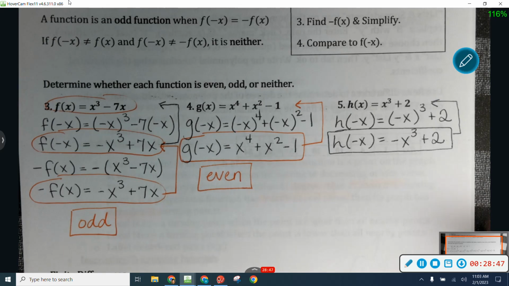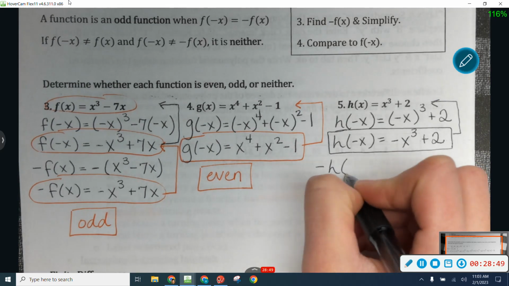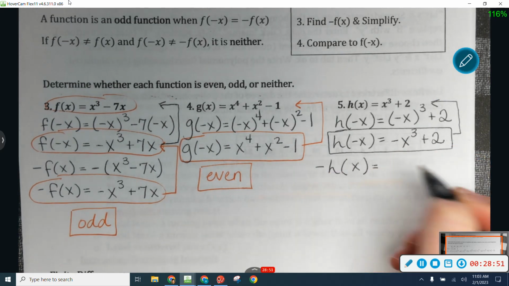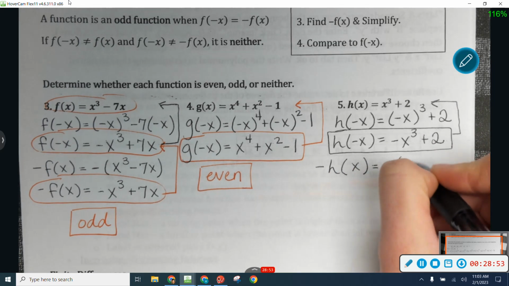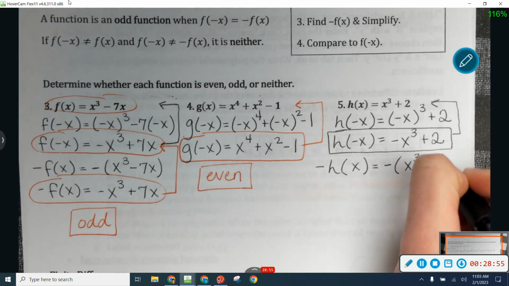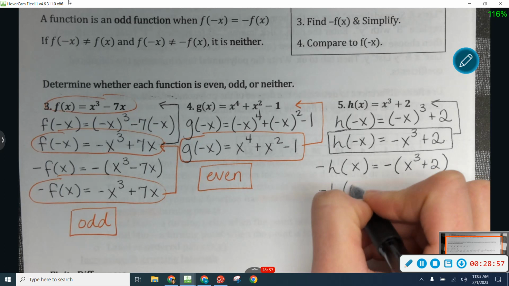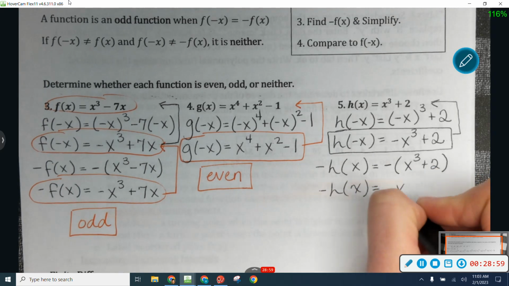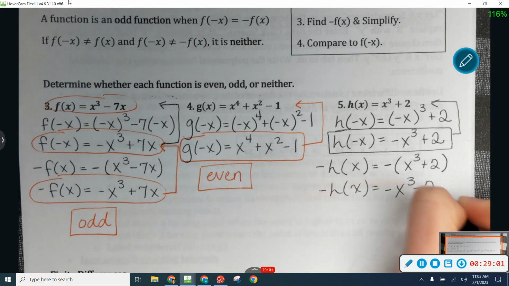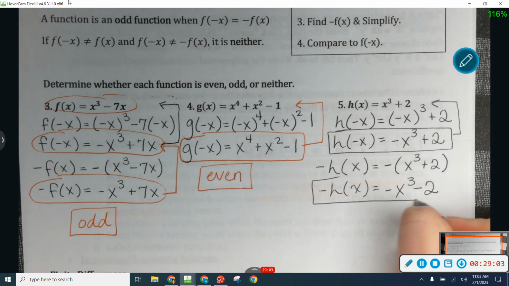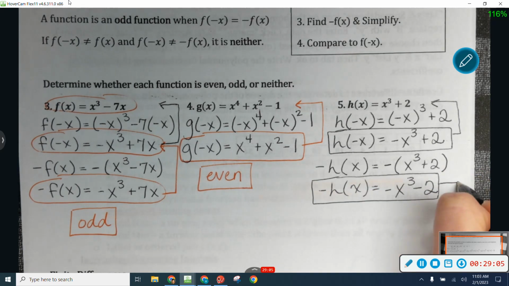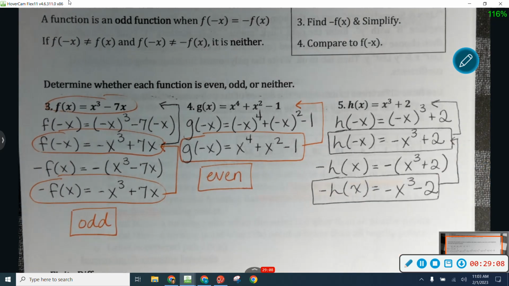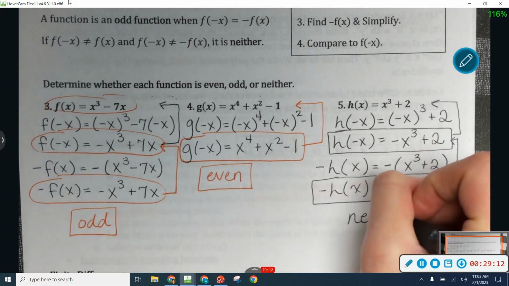No. So I'm going to find negative h of x. So negative, in parentheses, x cubed plus 2. Negative h of x is negative x cubed minus 2. Is that the same as h of negative x? No. So that would be neither.